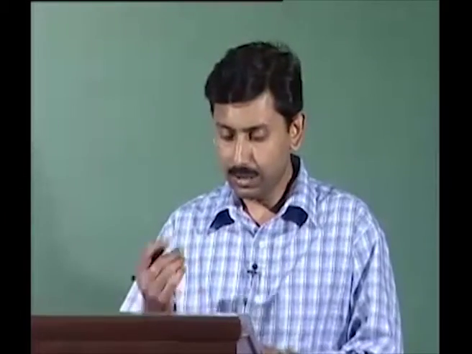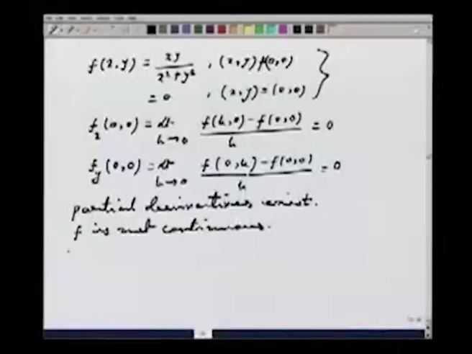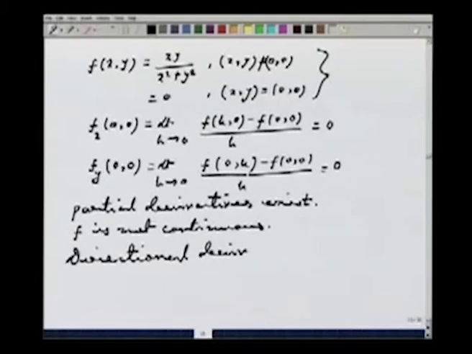Now, there are different ways of generalizing. I can look at something called the directional derivative. So what is a directional derivative? Here the derivatives are actually difference quotients, where in the numerator you give an increment to the function.